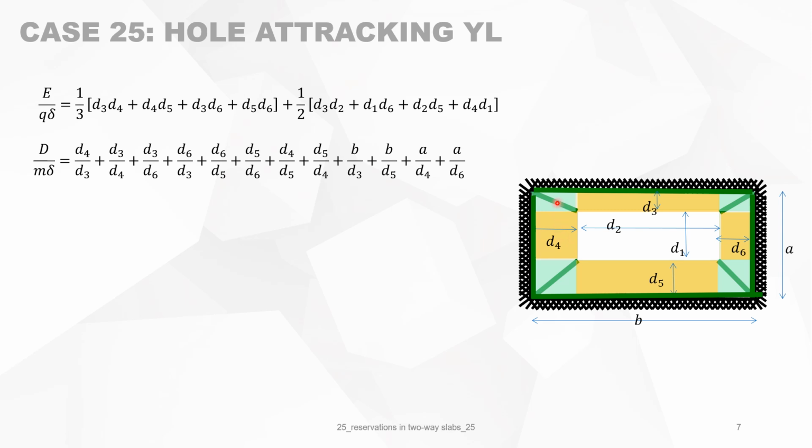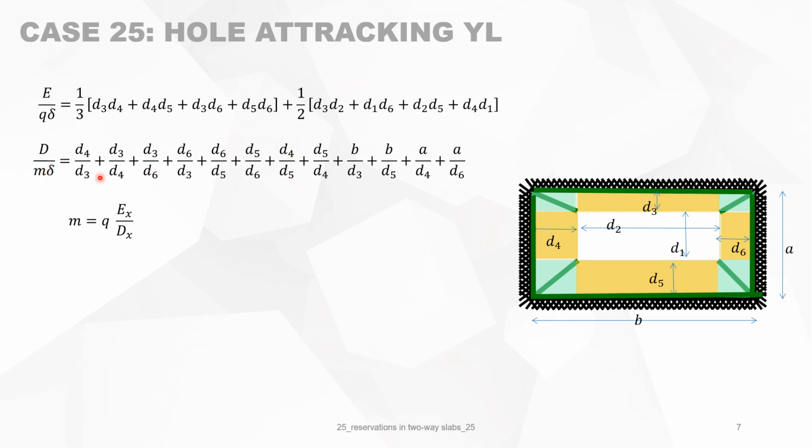And then the other elements in the corners, it's always the same. It's this yield line projected to the north. It's still D4 multiplied by delta over D3. And corrected on the other side, it is D3 divided by D4. And so for each corner, we do the same and we arrive at this formulation.